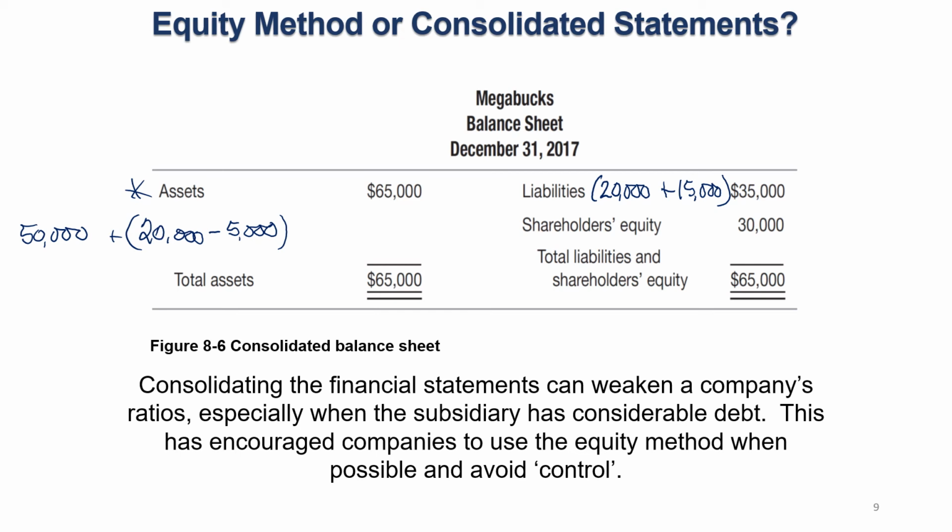So one reason why you may not want to have 50% control is if the smaller company, that is, you would be consolidating, has a lot of debt, you may not want to consolidate it, and by doing one line consolidation or the equity method, then those liabilities do not show up.